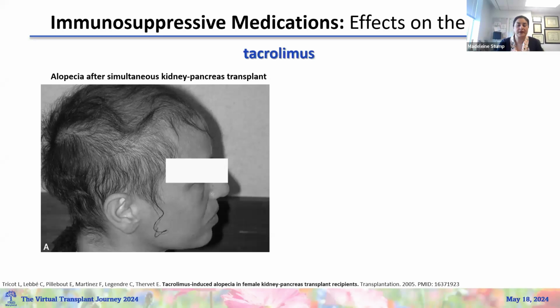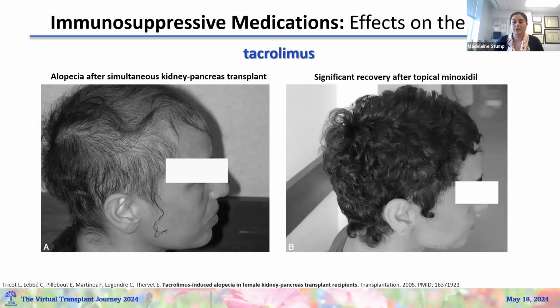And that's supported by the fact that when patients are treated with a topical minoxidil or Rogaine, they respond really well. And one of the thoughts here is that topical minoxidil is vasodilatory, or improves blood flow to the scalp, leading to reversal of those effects with tacrolimus. So I have seen several of those cases. And as I said, just as shown in the paper, they respond very well to the topical treatments.